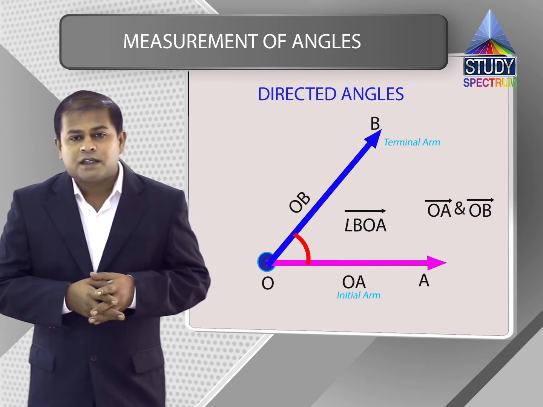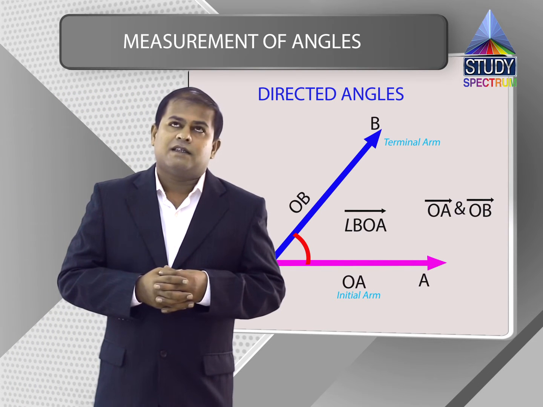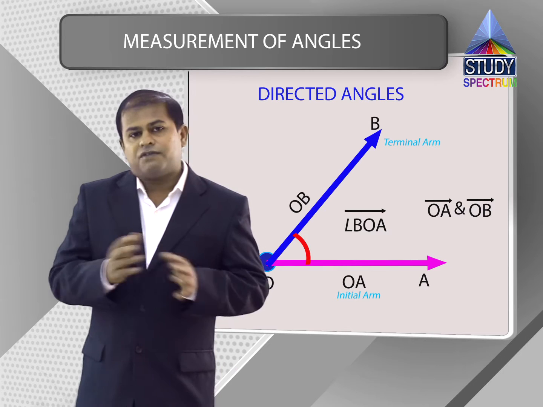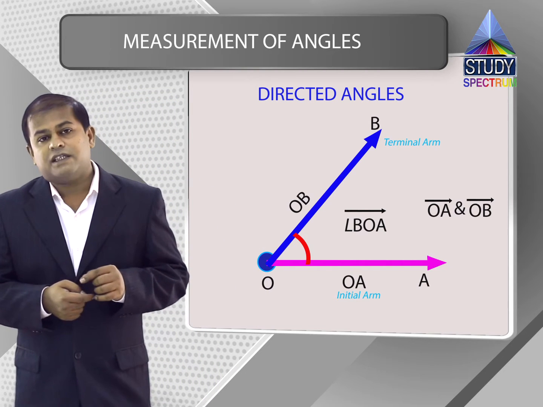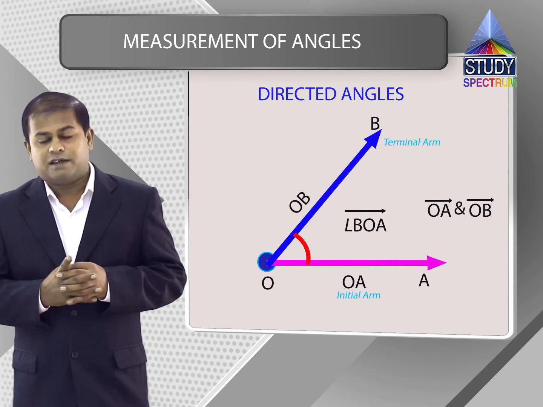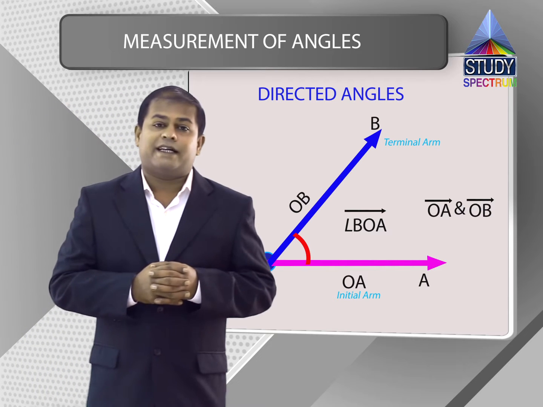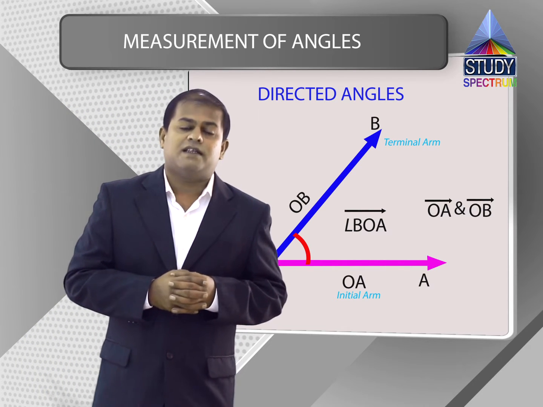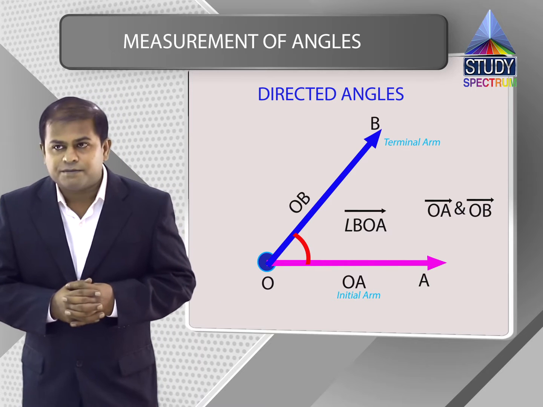Let's conclude. The direction of a directed angle is always from the initial arm to the final arm. I'll repeat: the direction of a directed angle is from the initial arm to the final arm.